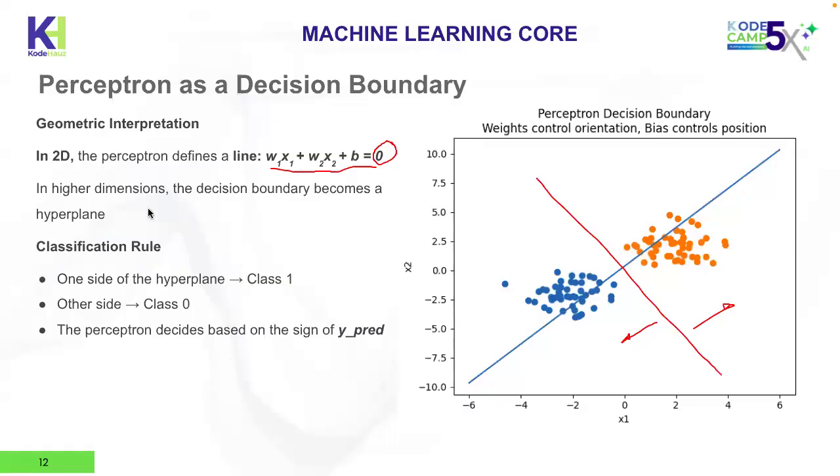But for a neuron, you can have higher dimensions, and you can have multiple combinations stacked, and the decision boundary becomes what we call a hyperplane, which I talked about.